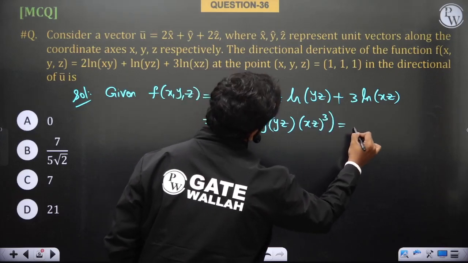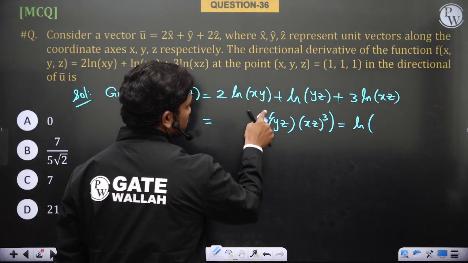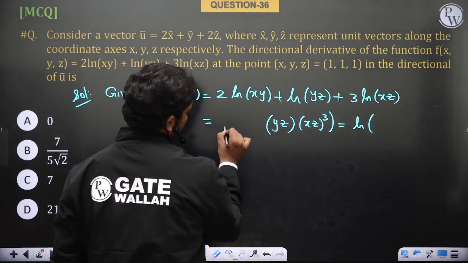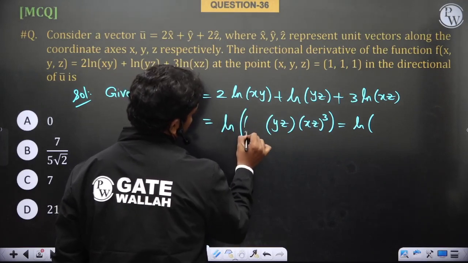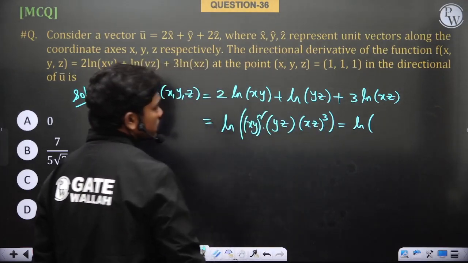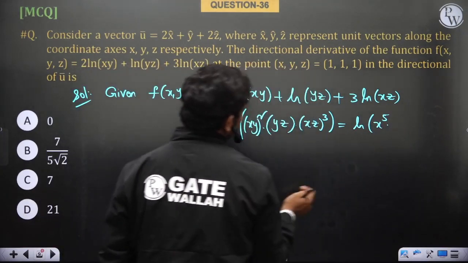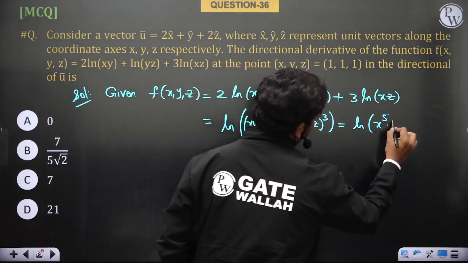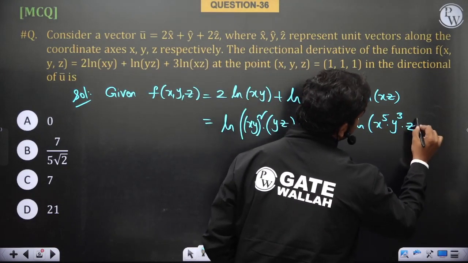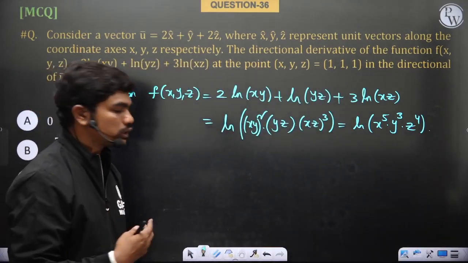Now x squared into x cubed gives x to the power 5, y into y cubed gives y to the power 4... wait, y squared... correcting: x to the power 5, y cubed, and z to the power 4. Okay, so this is the function. Because it is slightly manipulated, calculations would be easy.